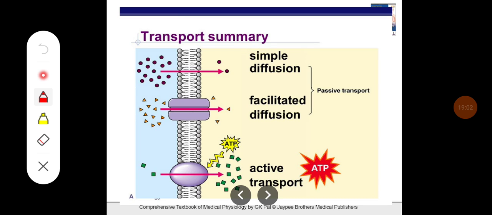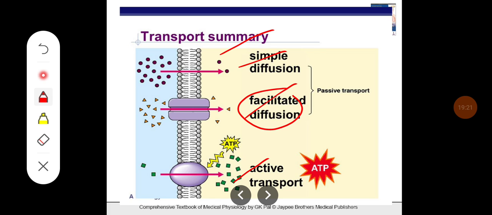This shows the gist of the transport summary, where simple diffusion, facilitated diffusion and active transport are differentiated. Simple diffusion does not require any carrier protein, and substances move from higher concentration to lower concentration.